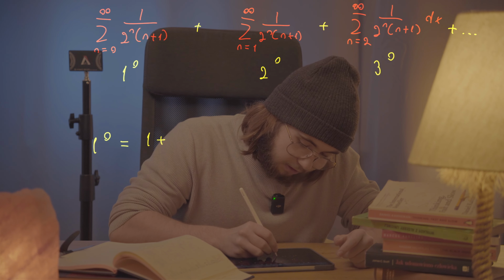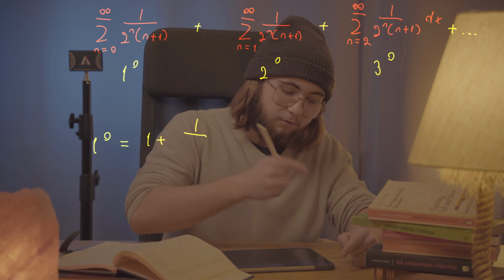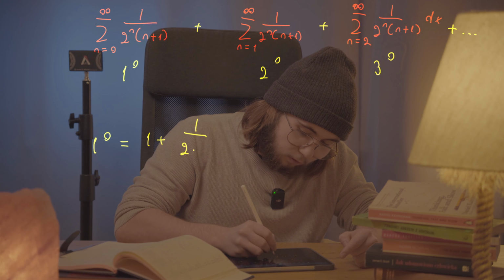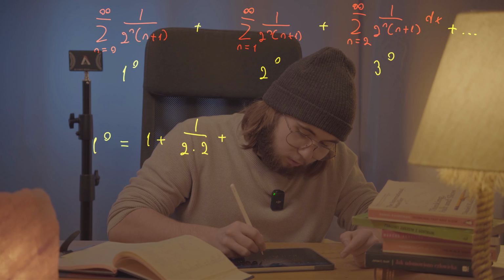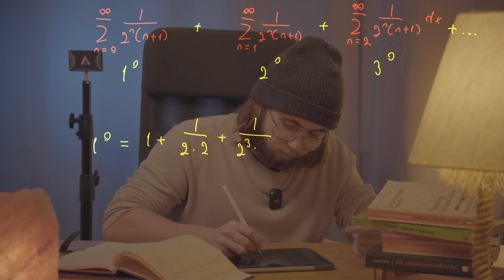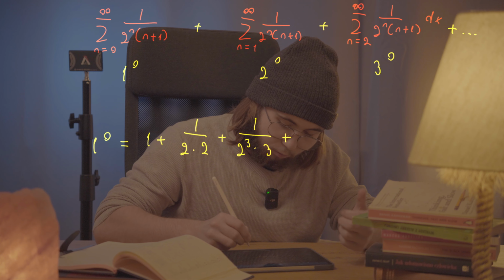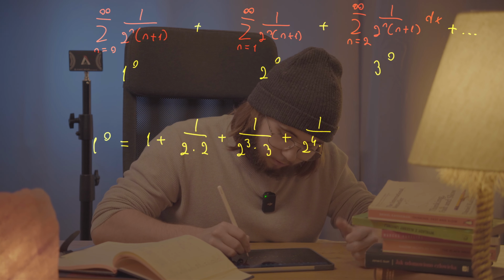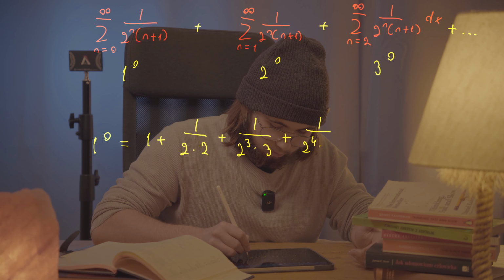So 1 plus 1 over 2 to the first times 1 plus 1, which is 2, times 2. Then for n equal to 2 it's going to be 1 over 2 squared times 2 plus 1, which is 3. Then n equal to 4, 1 over 2 to the power of 4 times 5, times 2.